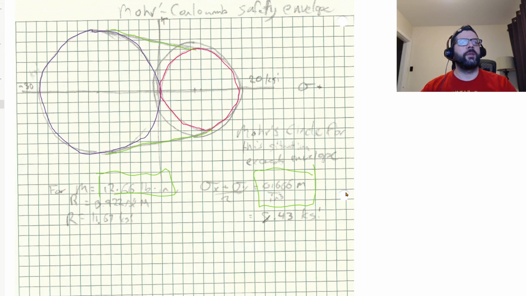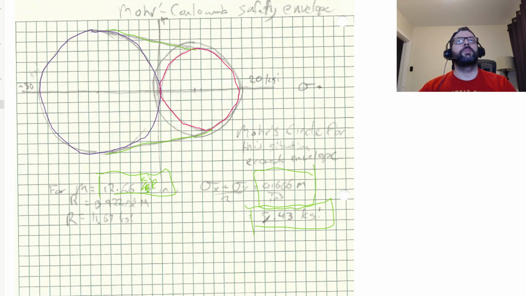When we plug the 12.66 kip inches into M, oh sorry, that's not pound inches, that's kip inches, that gives us 8.43 ksi. And our radius, similarly 0.922 per inch cubed M, plugging in that value for M, we get 11.67 ksi.